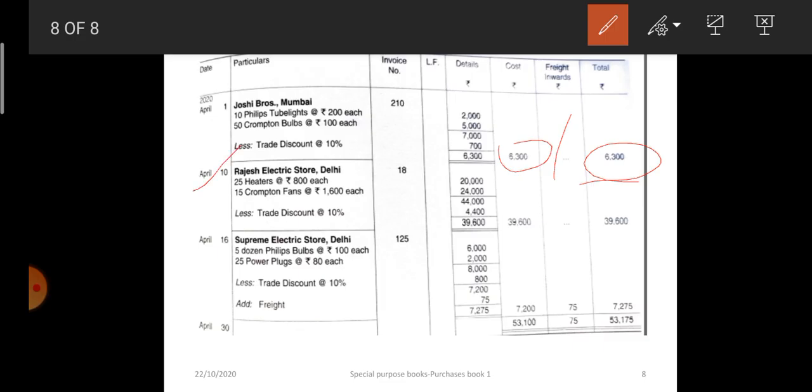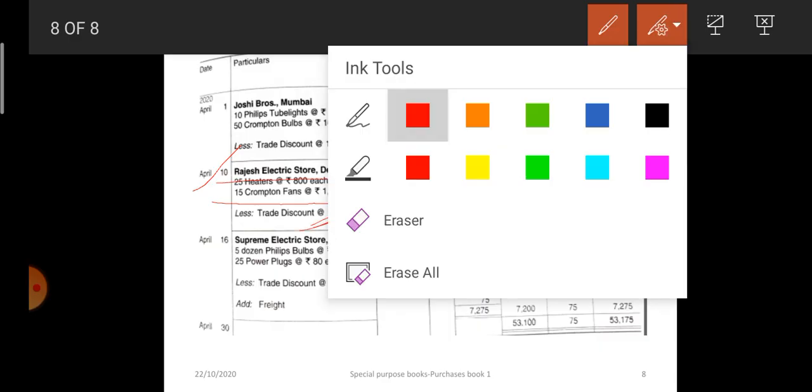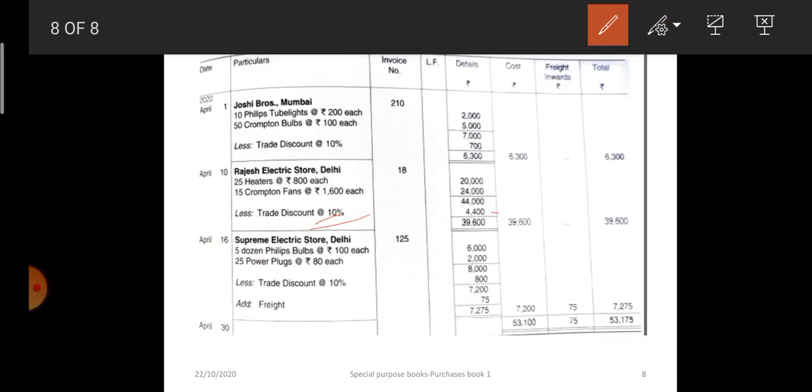Then on April 10, 25 heaters were purchased from Rajesh. 25 into 800 each is 20,000 rupees. Then 15 Crompton fans at the rate of 1600 is 24,000 rupees. The total of 20,000 and 24,000 is 44,000 rupees. On this 44,000 rupees, 10% trade discount is allowed. After allowing 10% trade discount, the amount payable is 39,600. No transportation charges, so total amount is also 39,600 rupees.